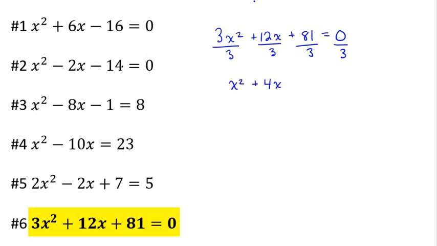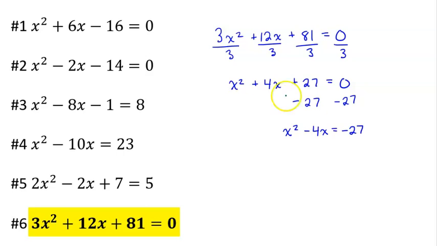And then if you are struggling with doing this in your head, go ahead and put it in your calculator, but this is going to give us 27 and 0. From here, I want to move over my constants. I get x squared minus 4x equals -27.